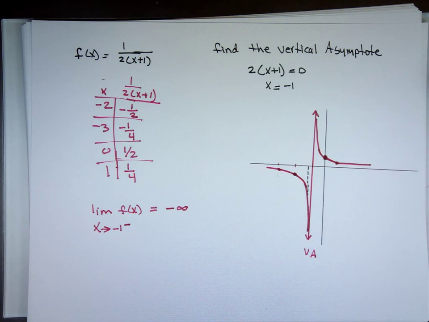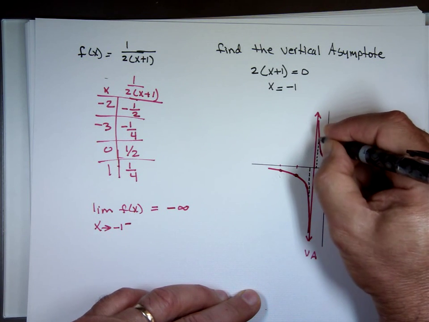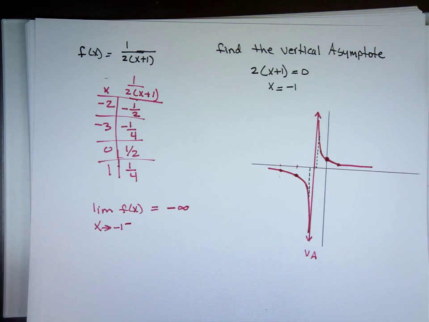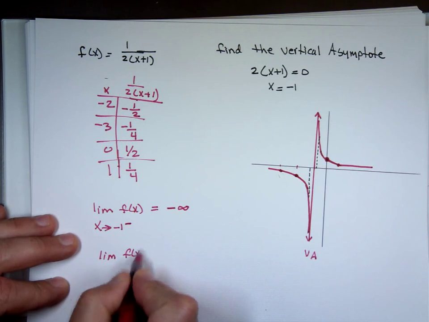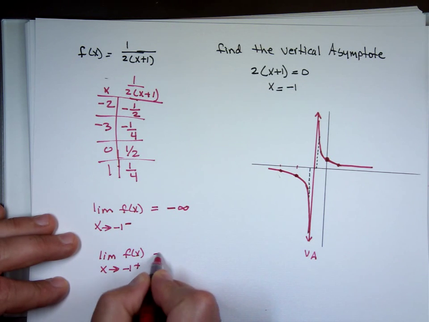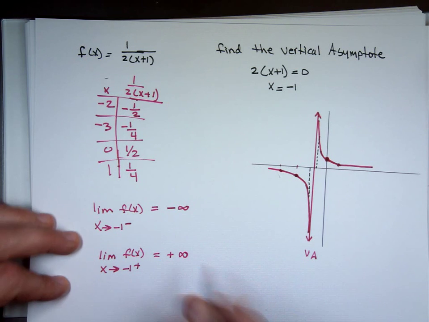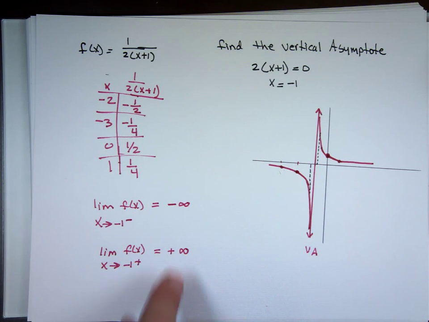From the right side, where is it going to? Positive infinity. Could you have more than one asymptote? Absolutely. So the limit from the left side is negative infinity. The limit from the right side is positive infinity.